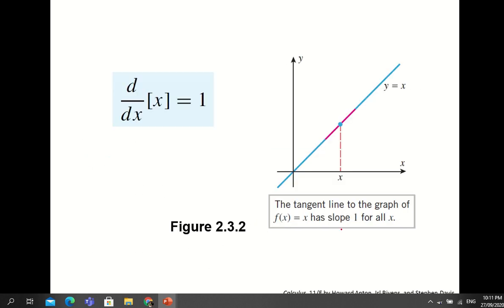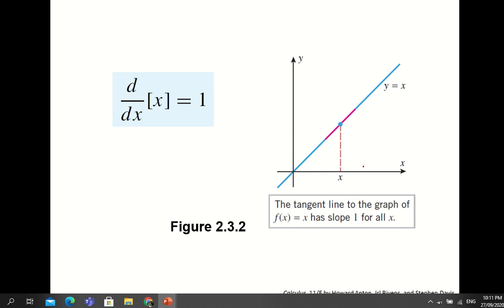Okay, so we have here another formula: if you take the derivative of x with respect to x, it is equal to 1. We have here a graph represented by this inclined line, where the relationship between x and y is that y is equal to x. For every value of x, whatever the value of x is, that's also the value of y. So when x equal to 1, then y is equal to 1. When x equal to 2, y is equal to 2. As you move this point along this line, you have corresponding values for x and y.